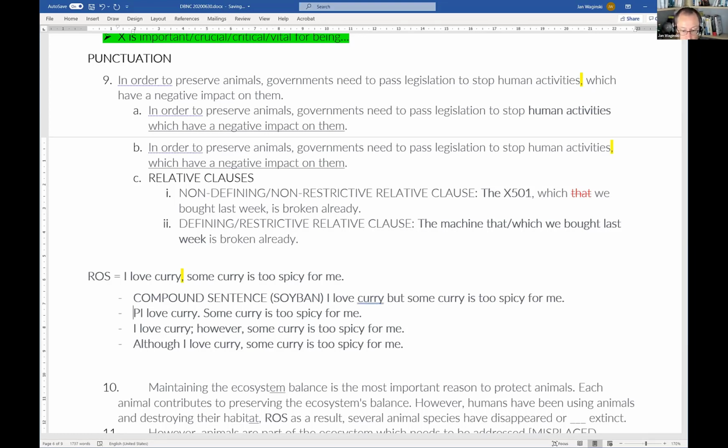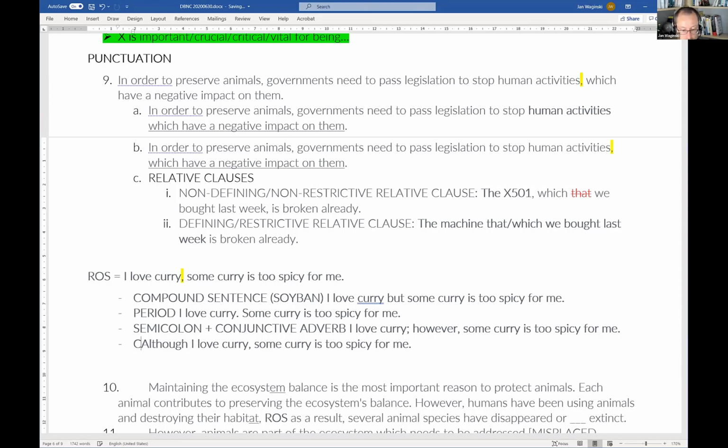You can just put a period in there, chop it into two sentences. You can use a semicolon plus a conjunctive adverb. Or you can transform it into a complex sentence.